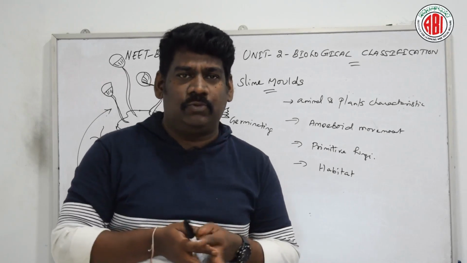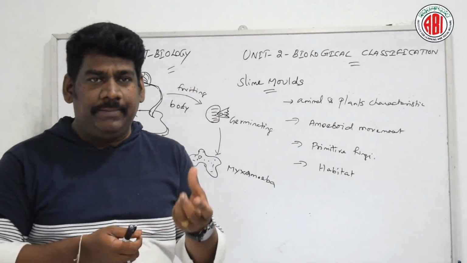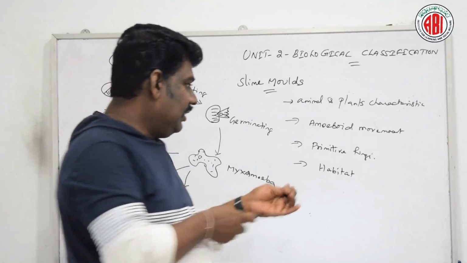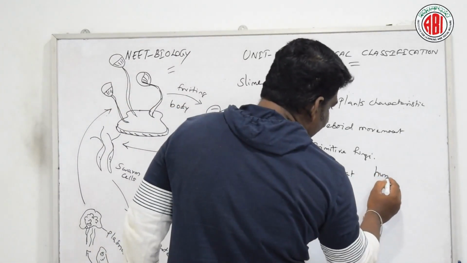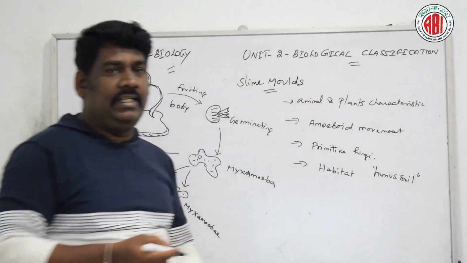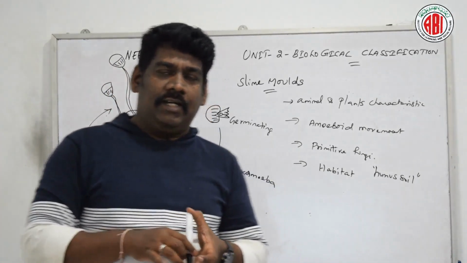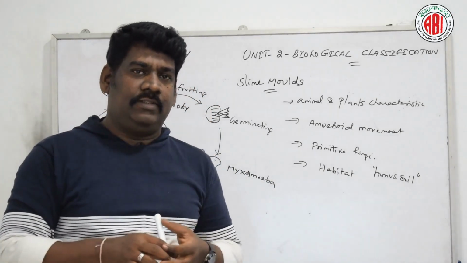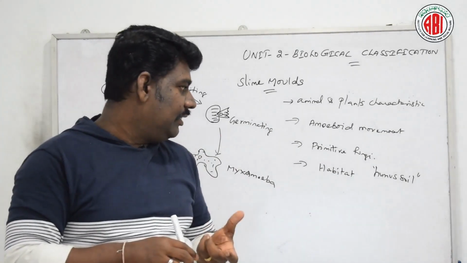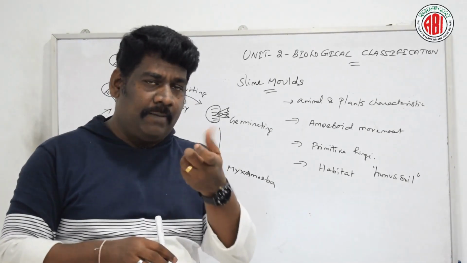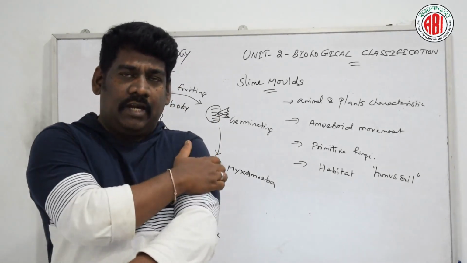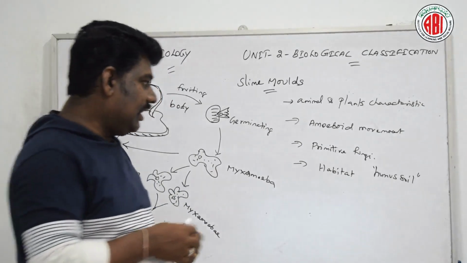There the organism is able to survive, and they may be found in soil rich in humus, decayed matter present in the soil, damp soil, and also old planks of wood, the barks of very big old planks of wood or parts of very big trees, and also rotting logs, the logs which are undergoing rotting.